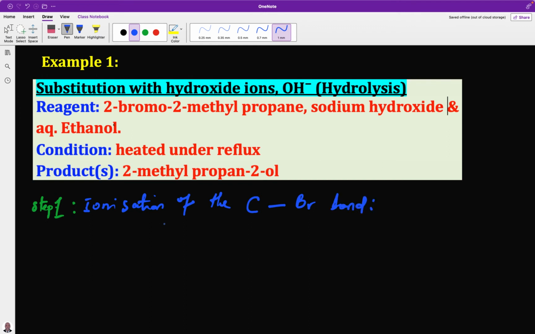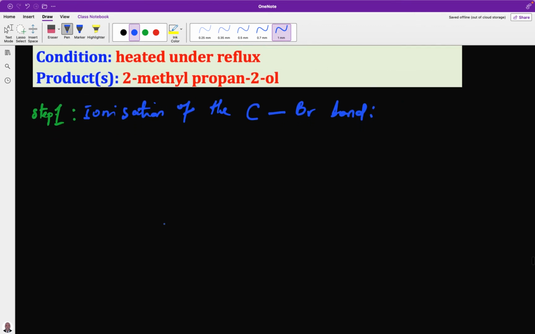That is step number 1. How does the ionization of the carbon-bromine bond occur?